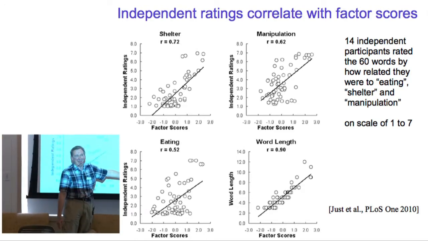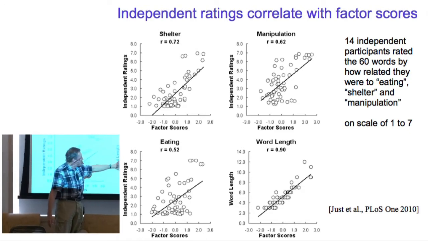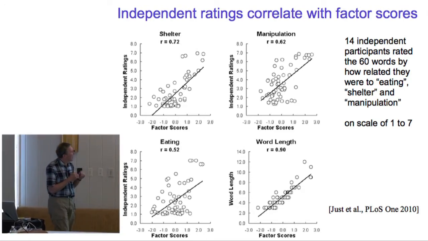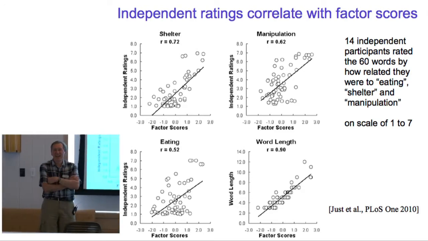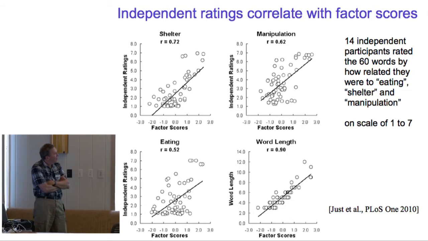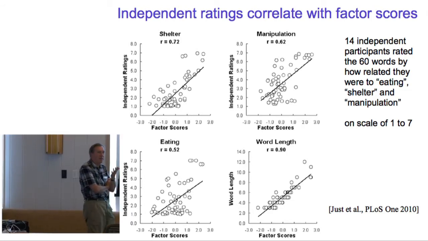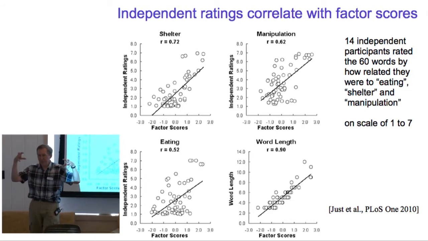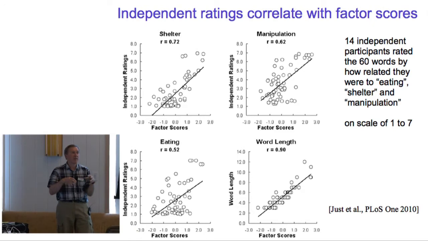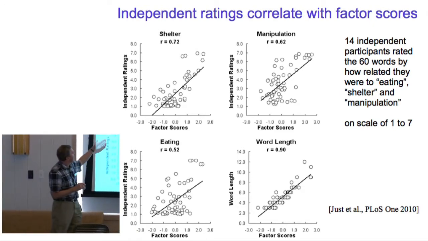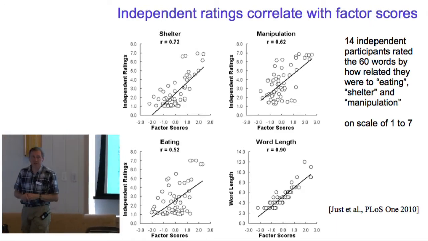We didn't ask people how much it made them think about word length, but this was literally the number of characters in the words, which correlates extremely well with the fourth component. So one possible conjecture that one could make based on this is that, at least for these types of concrete nouns, perhaps some of the dominant factors that contribute to the neural representations for those 60 nouns correspond to these kinds of semantic features.